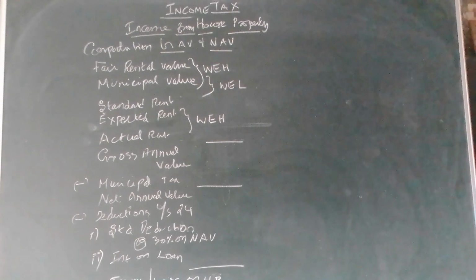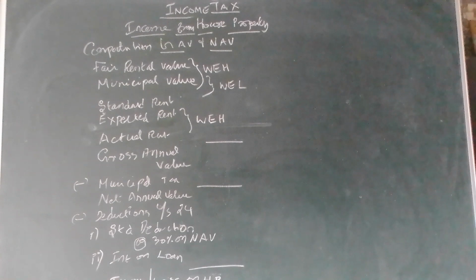Why? Because standard rent is the rent fixed based on the Rent Control Act. So, the value you are calculating should not be more than the rent as per the Act. The compared value should not be in excess of standard rent.